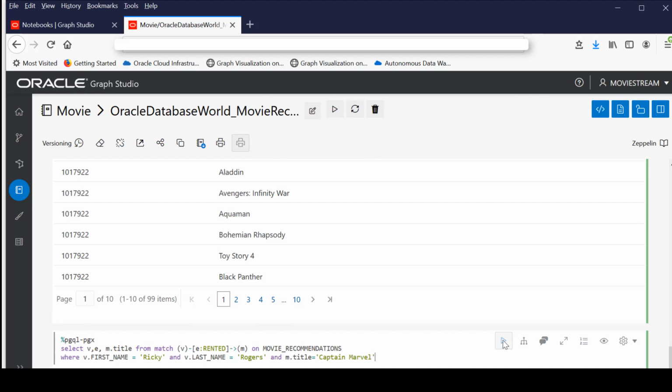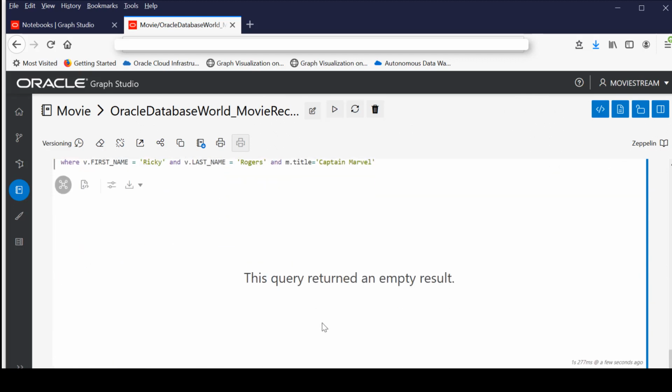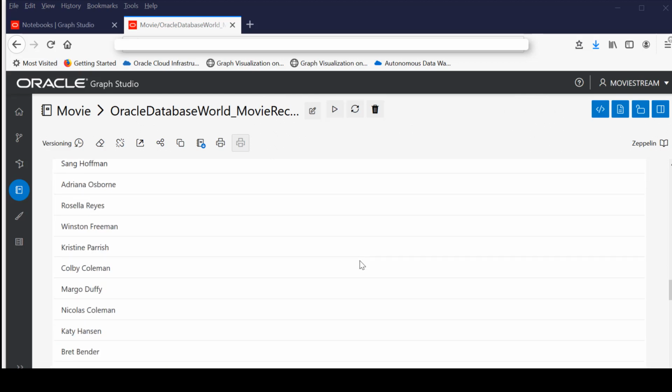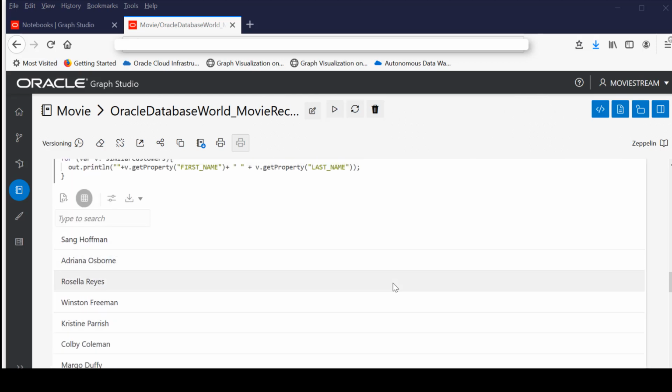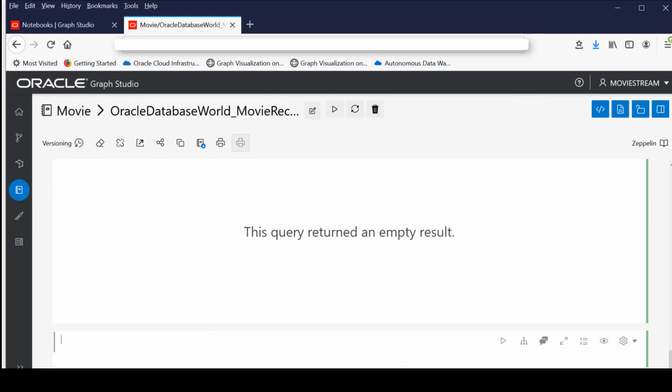So we can take a look at the movie Captain Marvel. I'm identifying with a PGQL query whether Ricky Rogers has watched this movie Captain Marvel. And we see that he has not, because we return an empty result. And then I'm going to take someone else from the cluster, for example, Sam Hoffman here, and see whether Sam Hoffman has watched this movie.